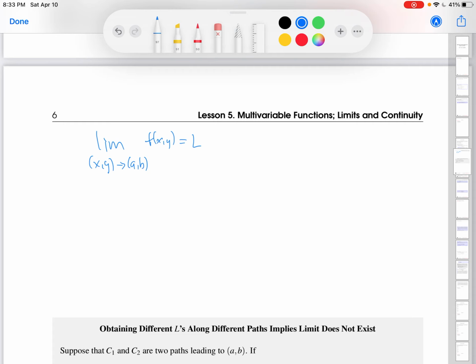If I'm going to claim that this is true, as we've already seen, I'm making a very strong claim.